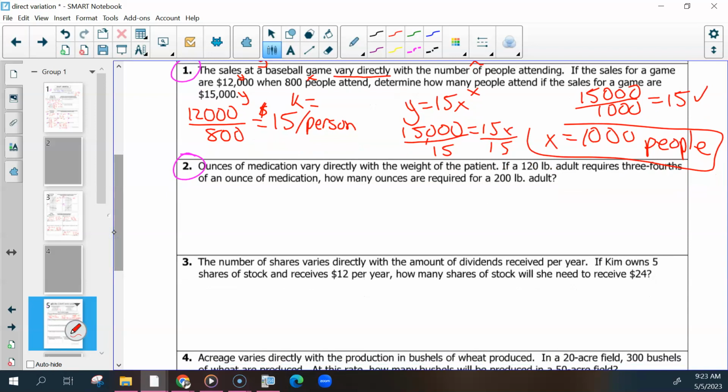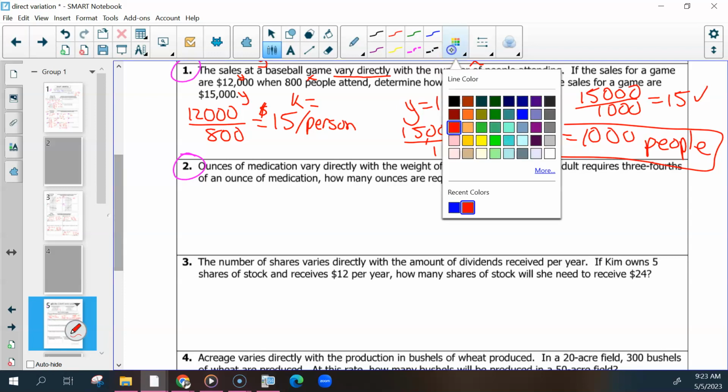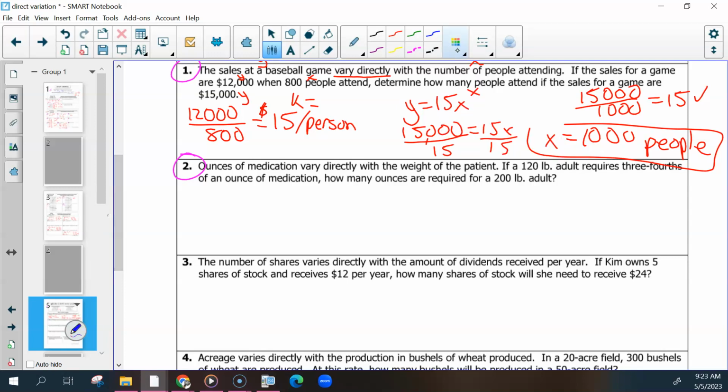Number 2, ounces of medication vary directly with the weight of a patient. If a 120-pound adult requires 3/4 of an ounce of medication, how many ounces are required for a 200-pound adult? Okay. There's those words again, vary directly, so it tells us what we're doing. Ounces of medication comes first, so that's going to be your y. The weight of the patient would be x.